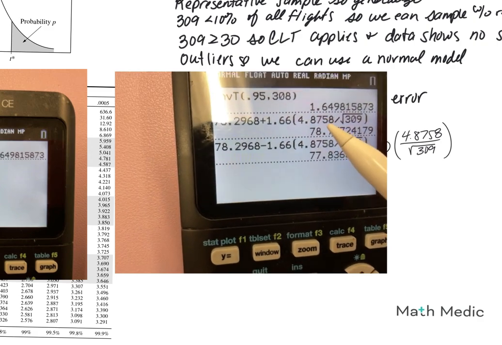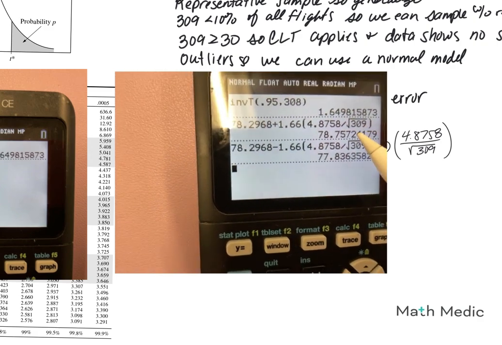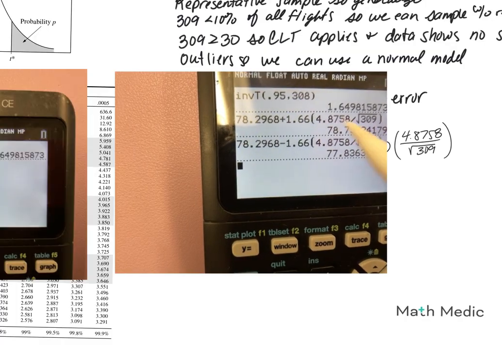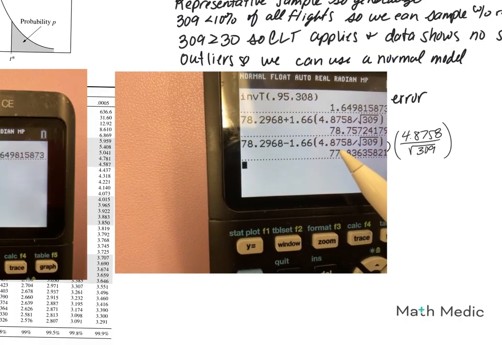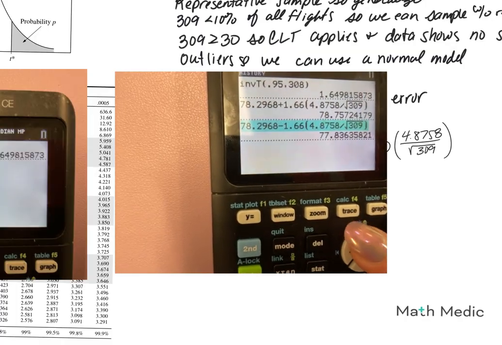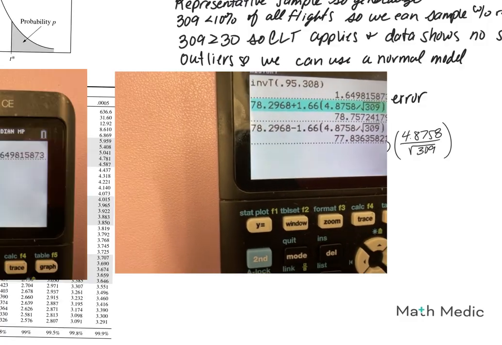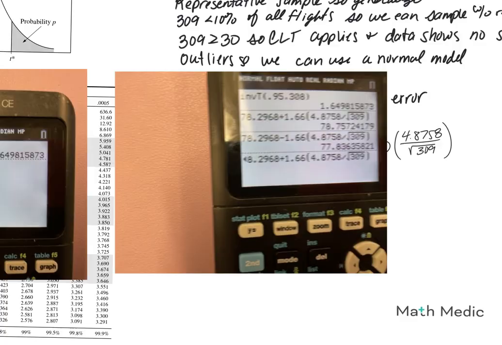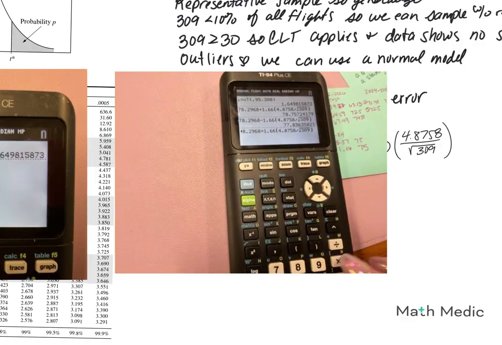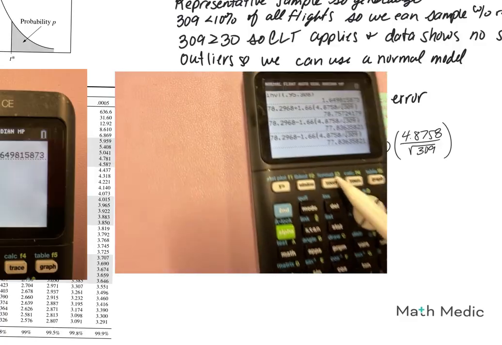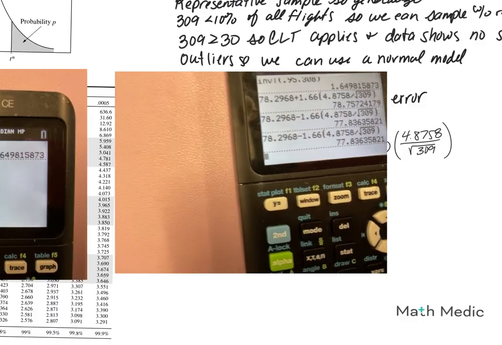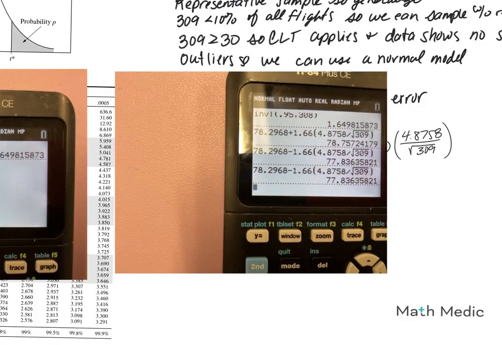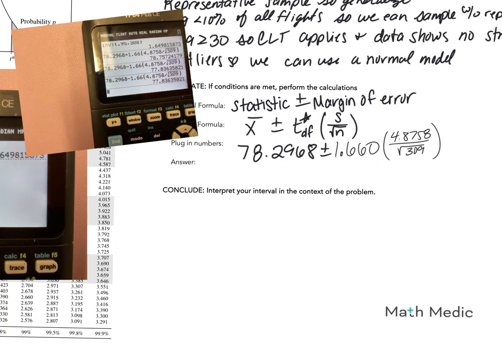The standard deviation divided by the square root of 309. I get 78.76. And then I hit second enter. So when I'm here, I can just hit enter, highlight it, and then I go over and change it to minus. And that's how I get 77.836. And so those are my boundaries for my interval.